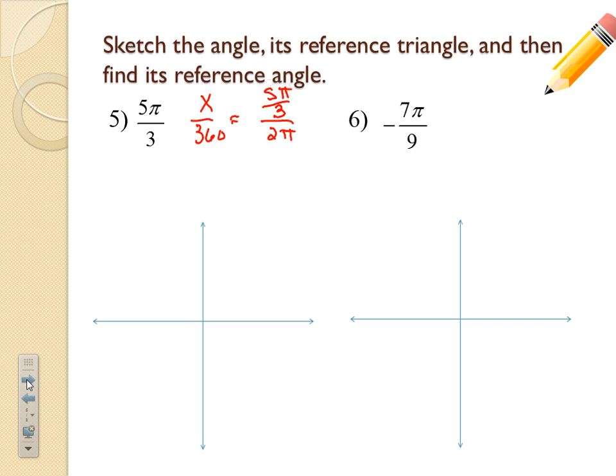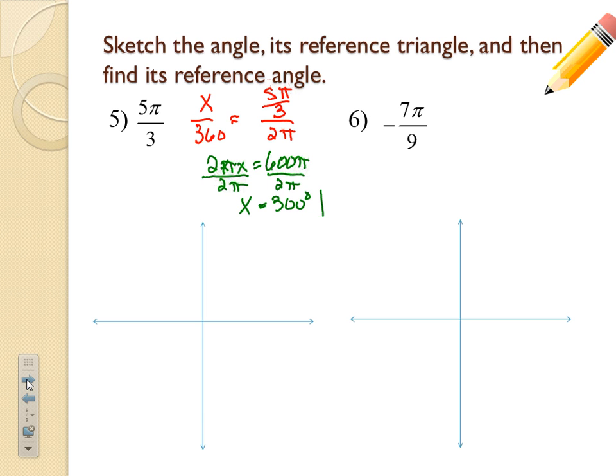To solve this, I'm going to cross multiply, so I get 2 pi x equals 600 pi. So make sure you can get 600. You're taking 360 times 5/3 here. Divide both sides by 2 pi, and x equals 300.